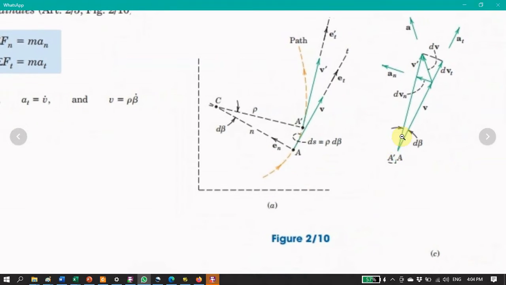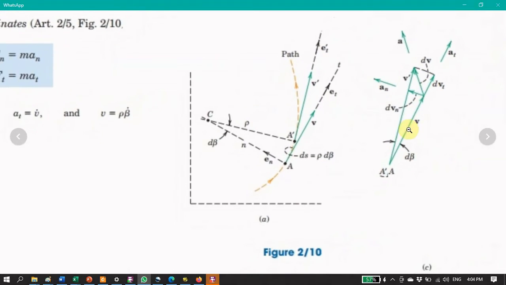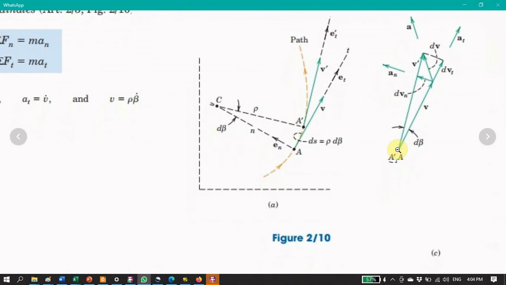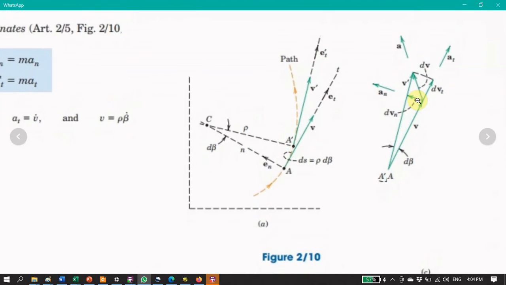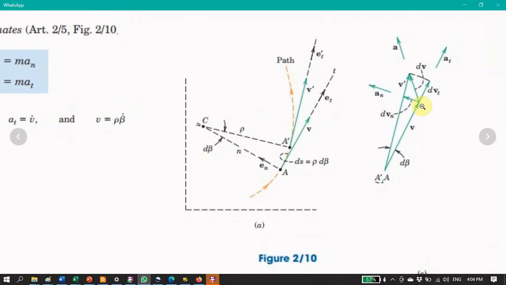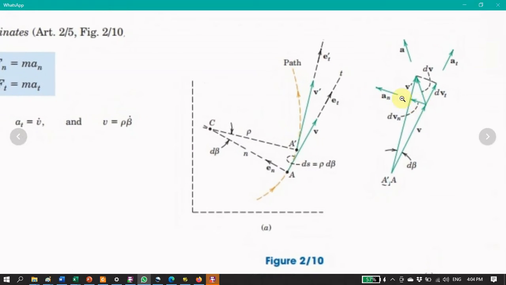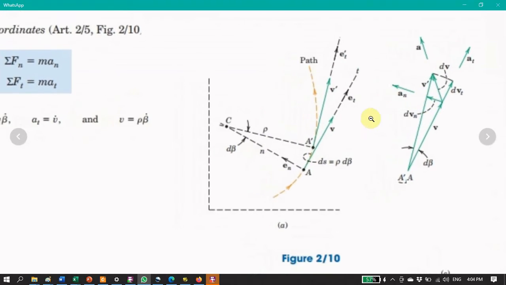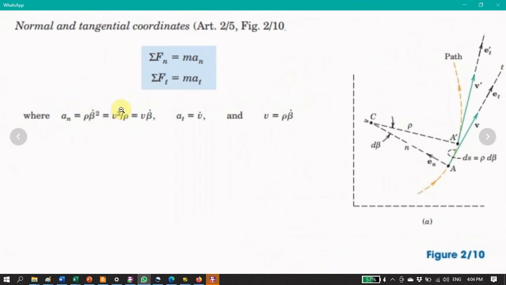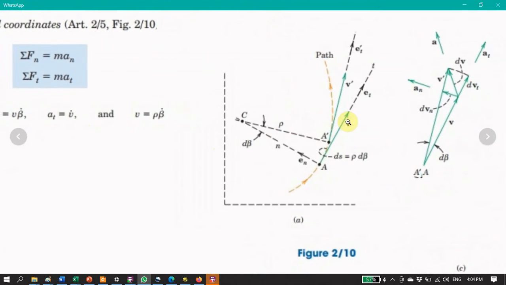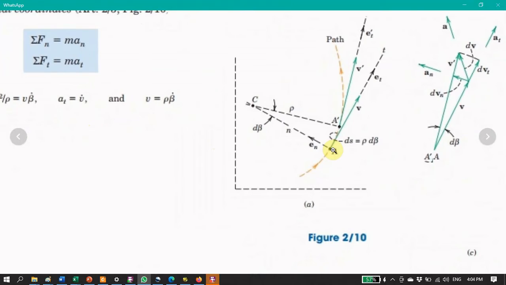From that way of representation, we can then evaluate the normal acceleration and tangential accelerations. And the normal acceleration component is equal to velocity at A divided by the radius of curvature.